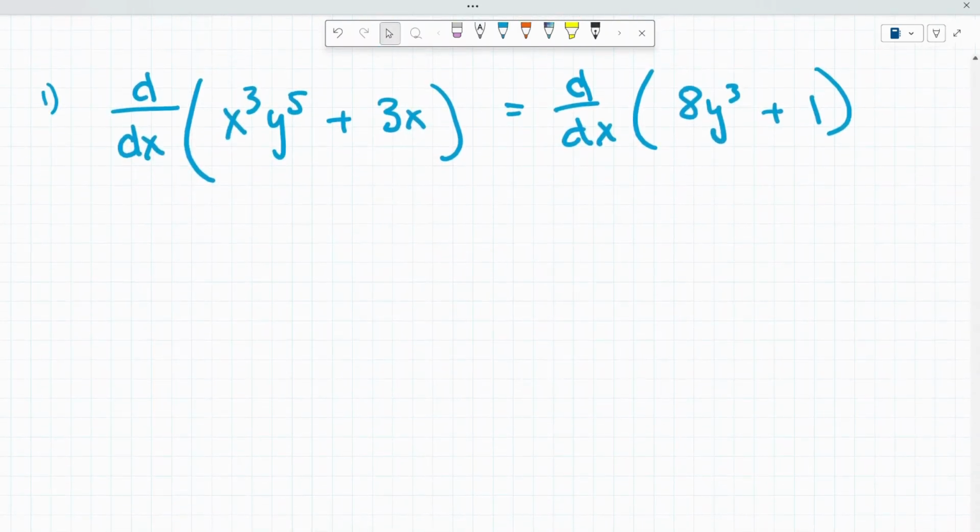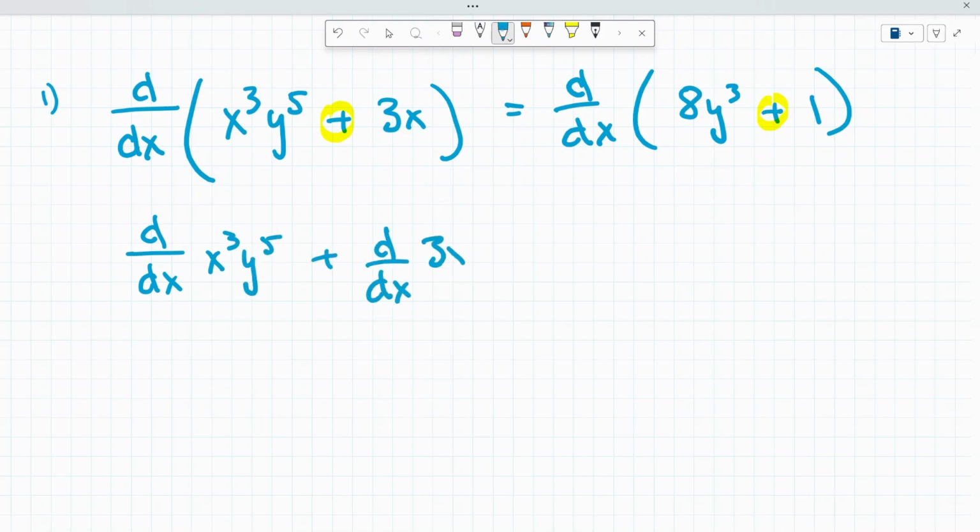And like we said before, since we have the addition here, we can break up the derivative. So we have d over dx of x cubed y to the 5 plus d over dx of 3x equals d over dx of 8y cubed plus d over dx of 1.